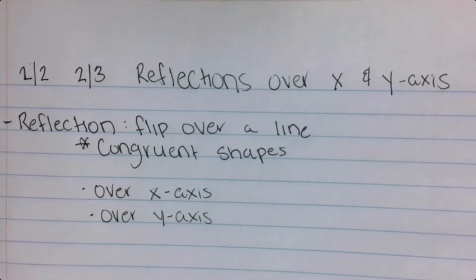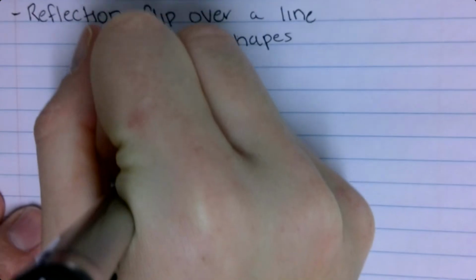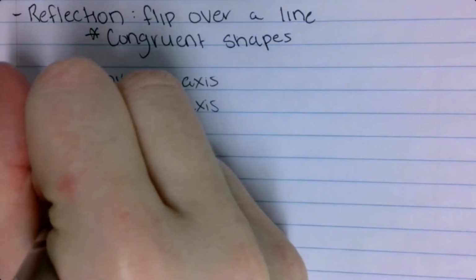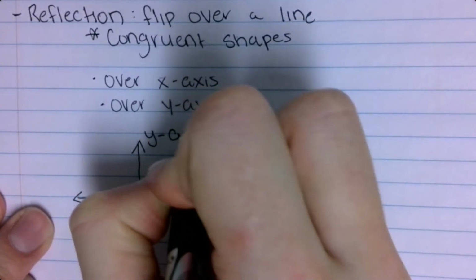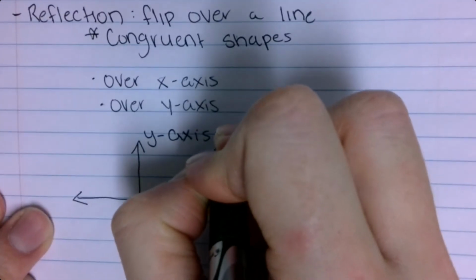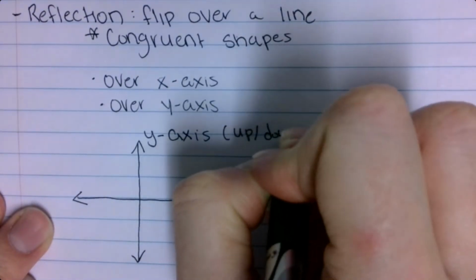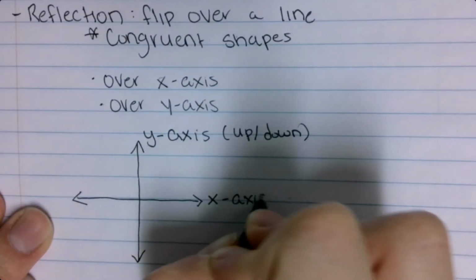All right, so let's review what the heck those two axes are just real fast. So we're going to draw a coordinate plane. We are going to label up and down the y-axis, and left to right, the x-axis.